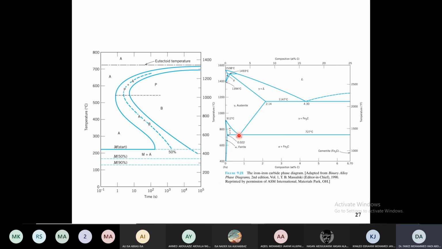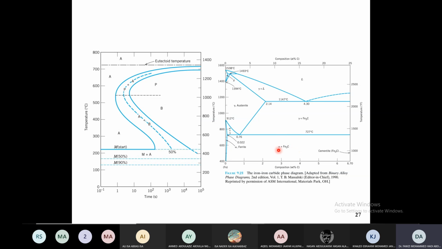Specifically in this TTT diagram, we are talking about that composition only. So above 727 degrees centigrade, we are in the stable austenite zone. Below that temperature, at that composition, austenite is not stable.